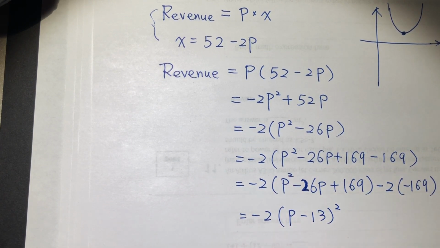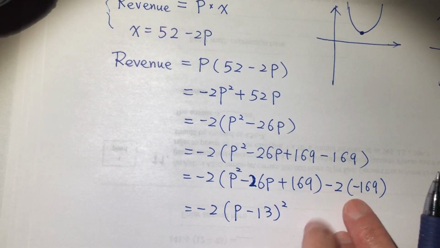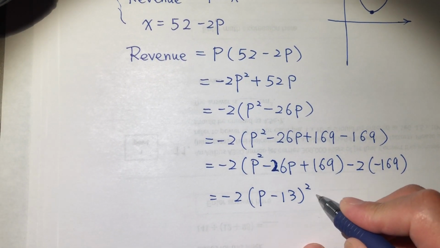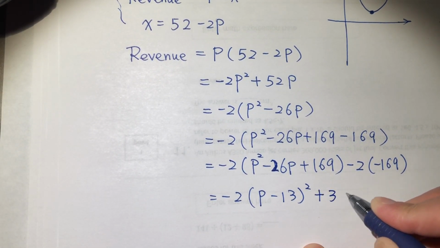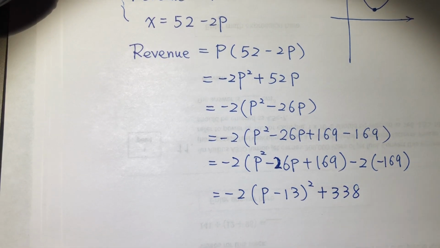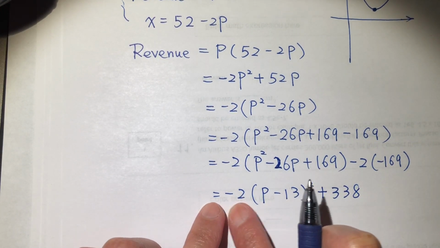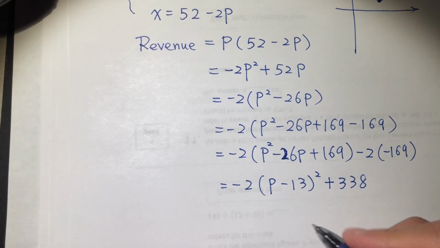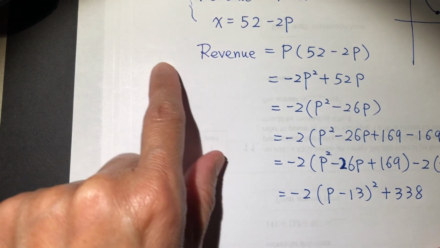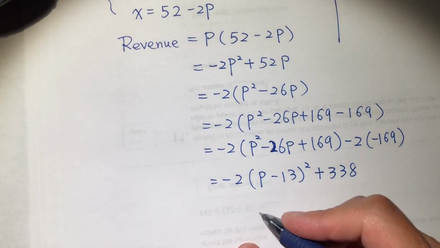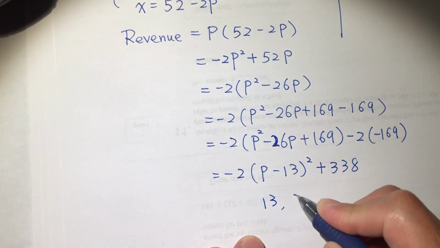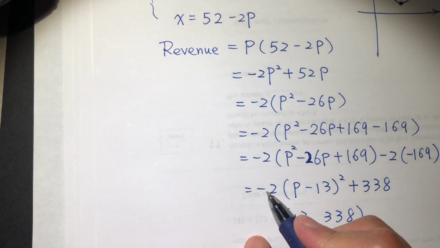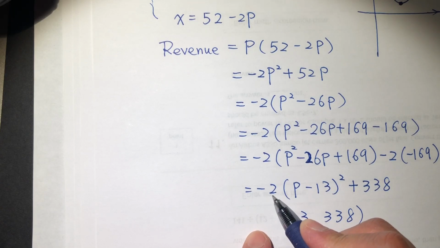This is completing the square. And here, negative 2 times negative 169 equals positive 338. Oh, so this is how we manually figure out the vertex. For the revenue function, the vertex is 13, 338.